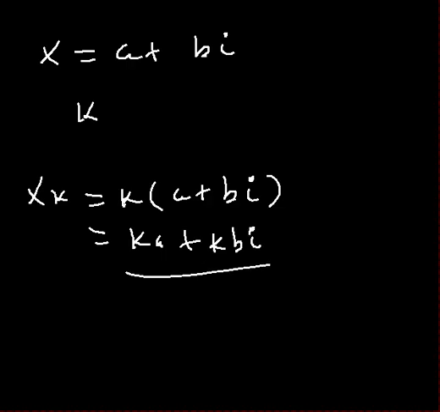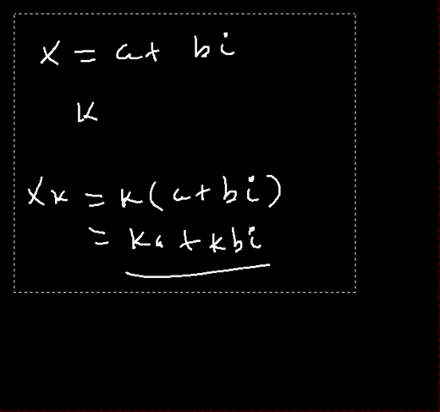In other words, the scalar product of a complex number corresponds to multiplying the scalar value onto each part of the given complex number.